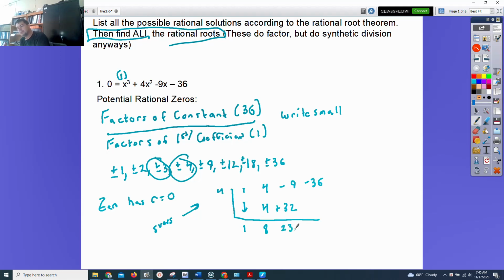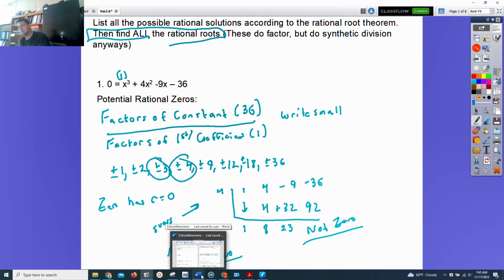And 4 times 23 is 92. And negative 36 plus 92 is not 0. That's the big thing. So what I just learned here is that x equals 4 is not a zero. Plain and simple.